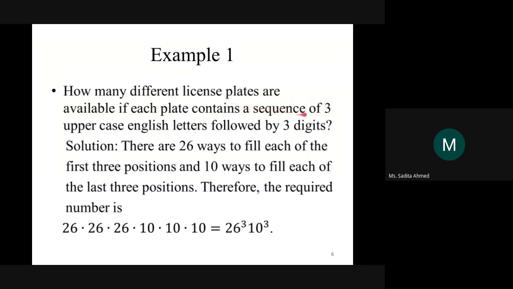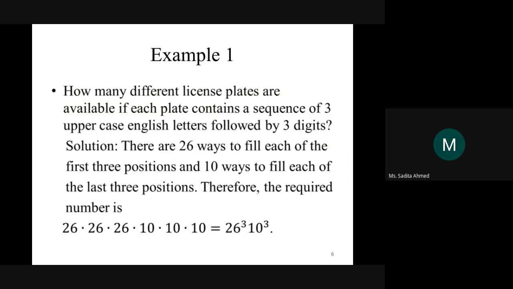In order to construct a license plate, the first 3 positions are for uppercase English letters, the last 3 positions for digits. So in total, you have to fill up 6 positions in order to construct a license plate. So we could say that this procedure could be broken down into a series of 6 tasks of filling up the 6 positions.